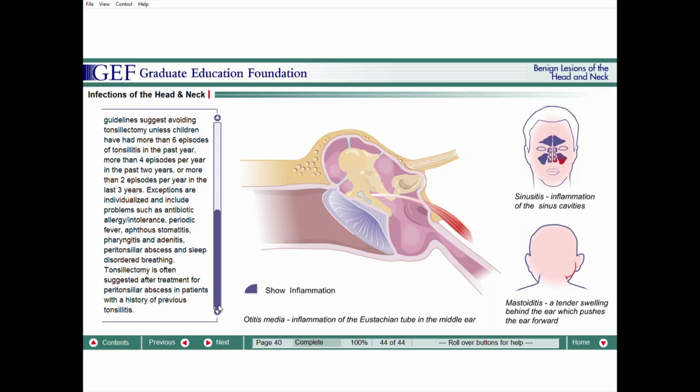Exceptions are individualized and include problems such as antibiotic allergy or intolerance, periodic fever, aphthostomatitis, pharyngitis and adenitis, peritonsillar abscess, and sleep-disordered breathing. Tonsillectomy is often suggested after treatment for peritonsillar abscess in patients with a history of previous tonsillitis.